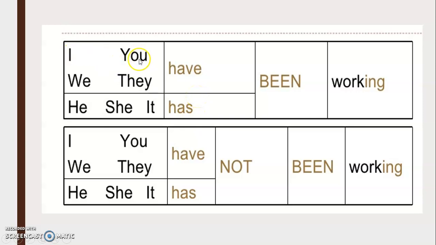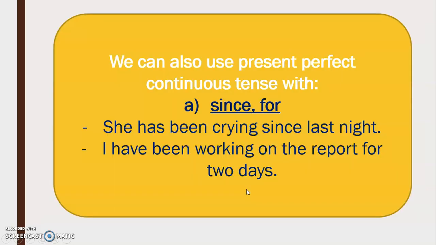For I, you, we, they, we use have, and for he, she, it, we use has. Been is compulsory, also ing. If you want to write the sentence in a negative form, we just have to add the word not in between have and been or has and been. So two forms: this is the positive form and this is the negative form.